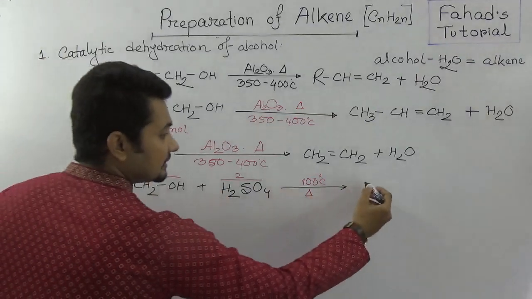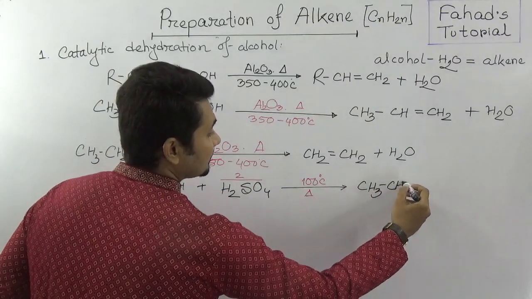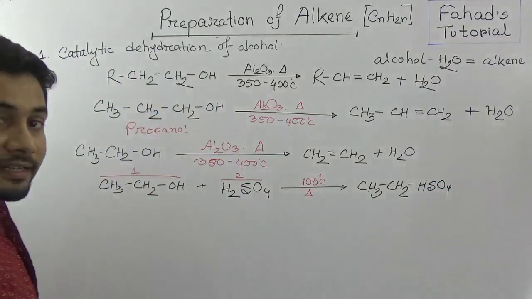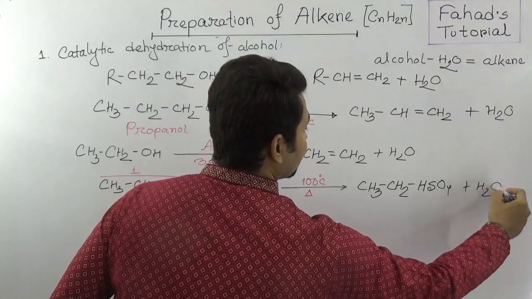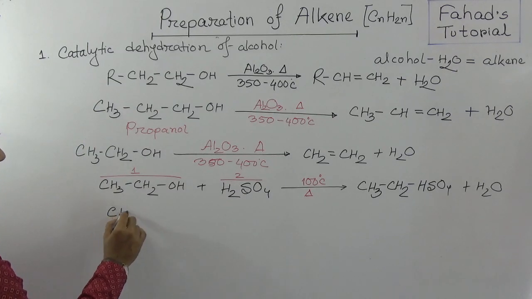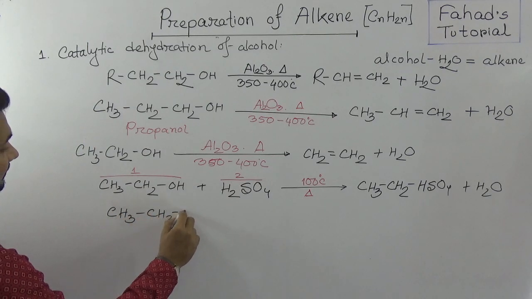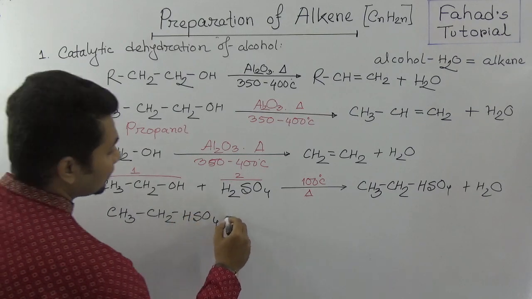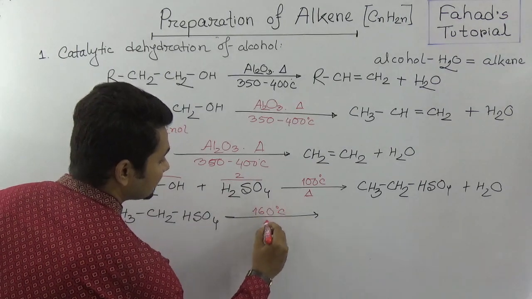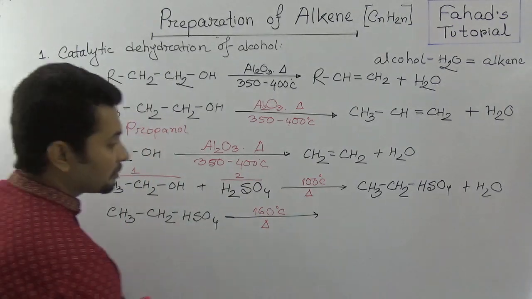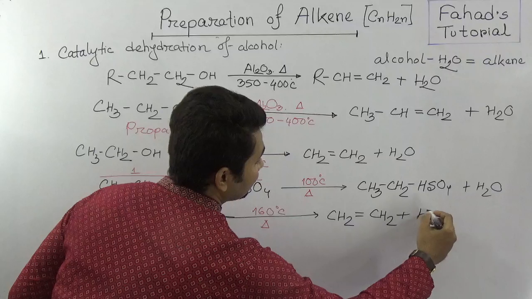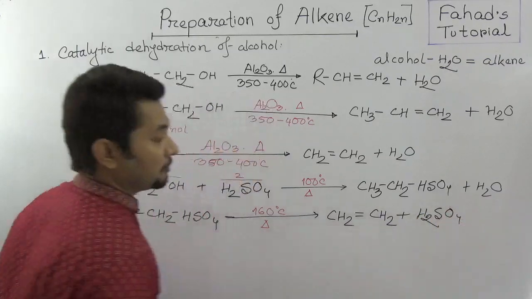Then CH3 CH2 HSO4 will be produced and 1 molecule of water will be removed. And then in the second stage, this ethyl bisulfate, CH3 CH2 HSO4, will be heated at 160 degrees Celsius. Then it will produce ethene, CH2 double bond CH2, and the sulfuric acid will be the same as before.